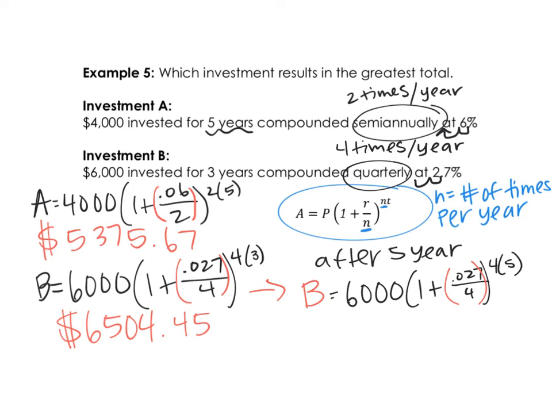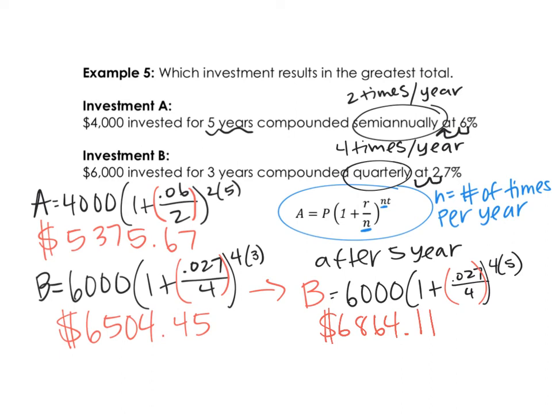And it looks like we get 6,864.1, and it's a 0.6, so I'm going to round it to a 1.1. So comparing these two, investment A after 5 years went from $4,000 to $5,375.